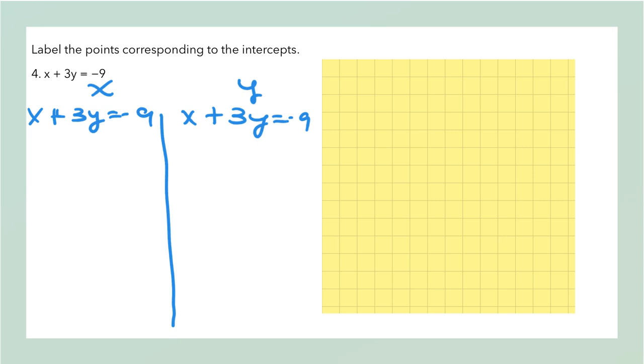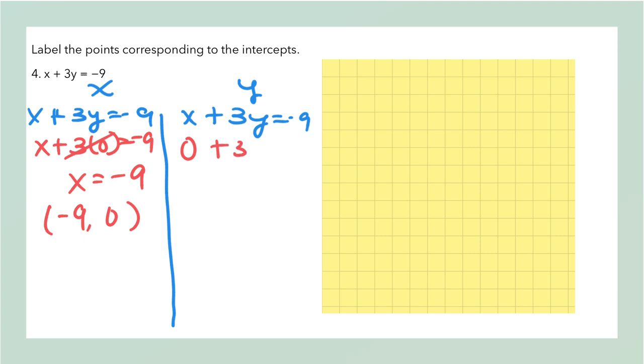When we want to look for the x-intercept, we let y be 0. So we're going to have x plus 3 times 0 equals -9. This cancels out. x equals -9. My ordered pair here is -9, 0.